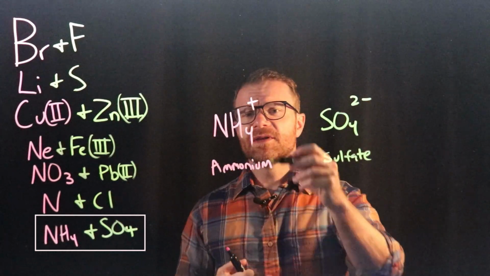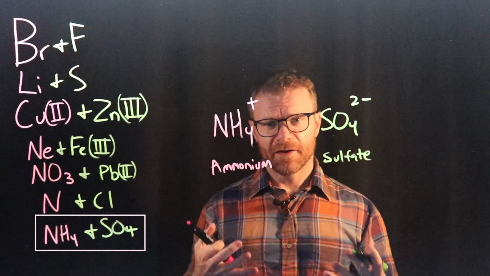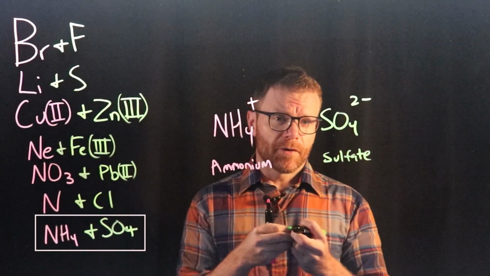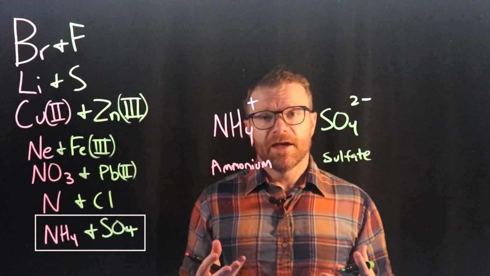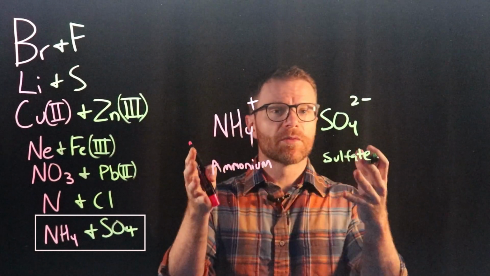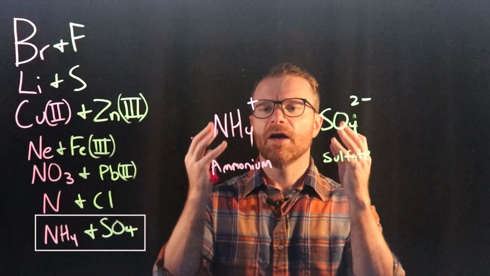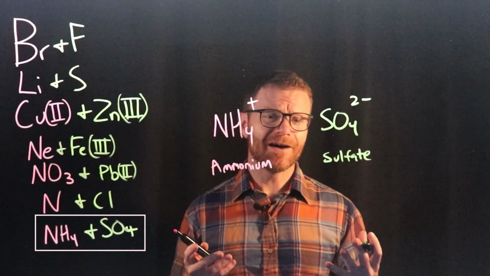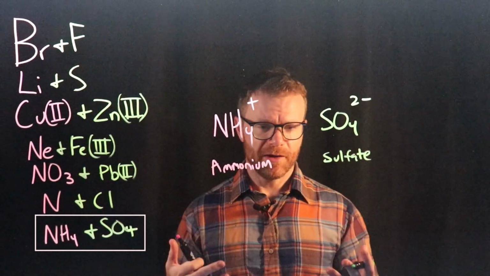Well, anytime you see polyatomic ions, it's an ionic bond. I know that I told you earlier that a metal and a nonmetal form an ionic bond, but there's another way you can get an ionic bond, and that's with 1 or more polyatomic ions. So if you see a polyatomic ion, it's going to be an ionic bond.